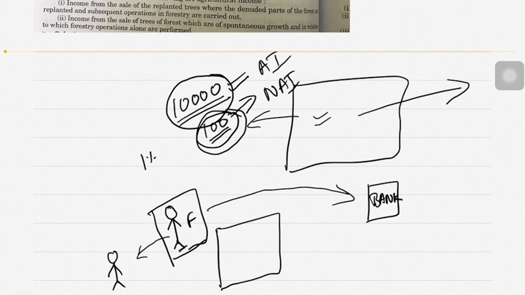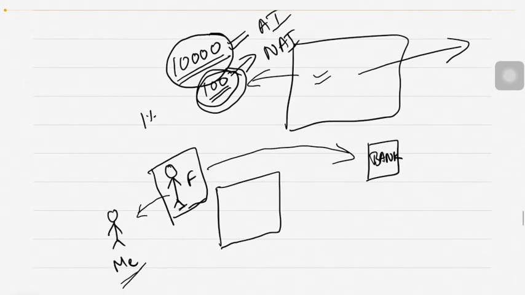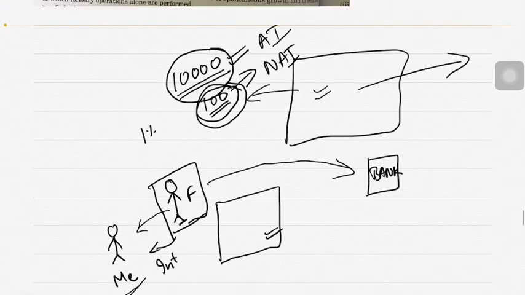So my friend says, okay, you give your land on mortgage, I will pay you interest. The land is already mine only. It is only kept for mortgage for the bank, and because my land is kept for mortgage, my friend is giving me some interest.